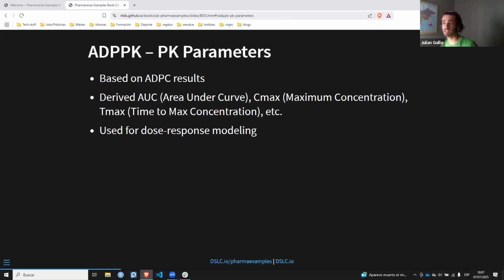Then we have the pharmacokinetic parameters, which are based on the results of the pharmacokinetic concentrations. Here we get derived variables like the area under the curve, the maximum concentration, and once we get the maximum concentration, how much time has elapsed to reach it. It's used for dose response modeling.